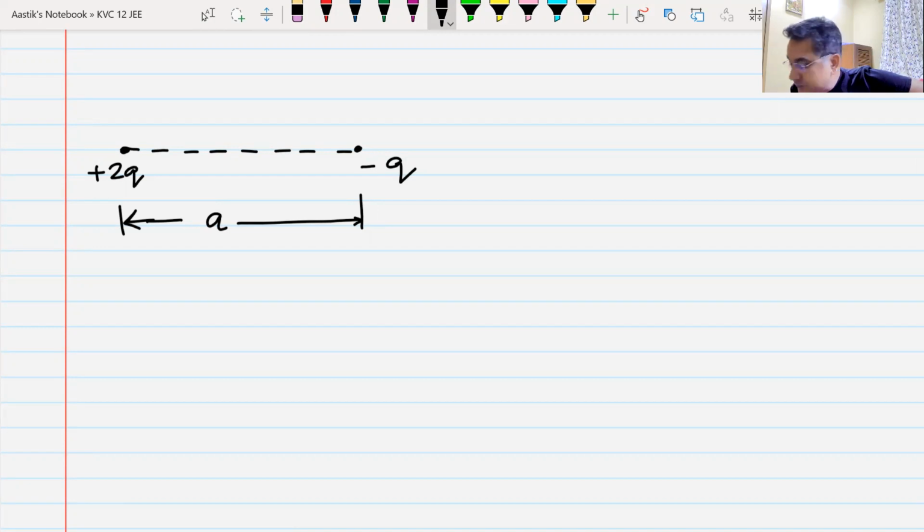Sir, minus q, sir. Minus q, sir? What do you mean by minus q, sir? At minus q, you cannot find the potential at the point where the charge is kept because that concept becomes dicey.